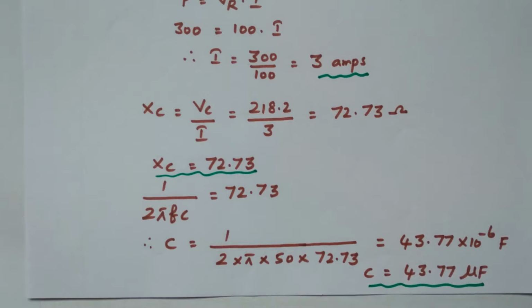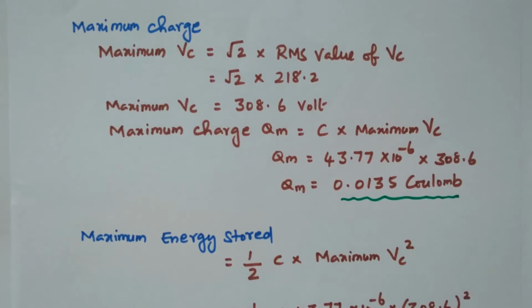Now we will go to the maximum charge and maximum energy stored. The maximum charge Qm is nothing but capacitance multiplied by maximum Vc. This capacitance value we already calculated, 43.77 × 10⁻⁶. So we need the value of maximum Vc, so we will find maximum Vc first.